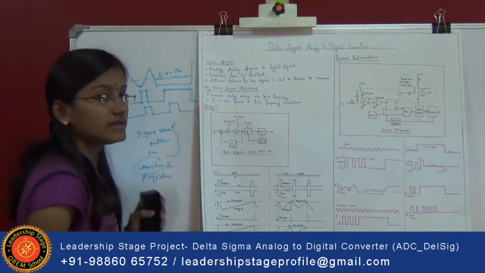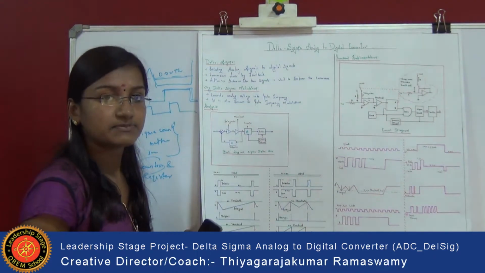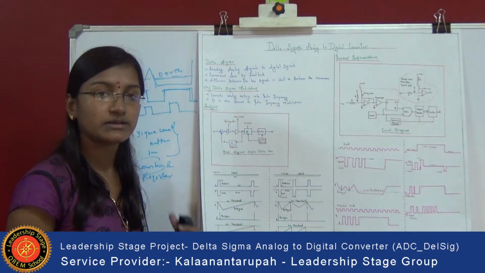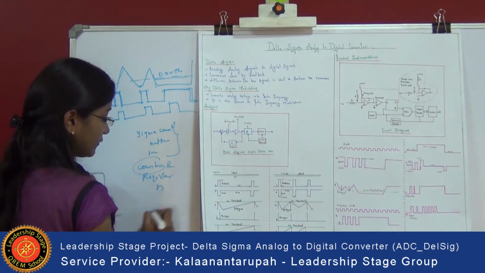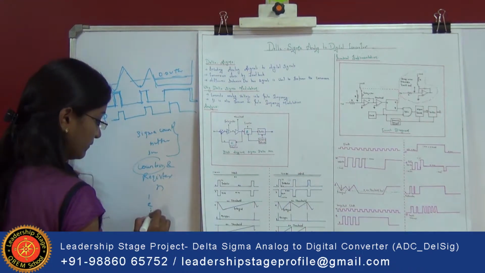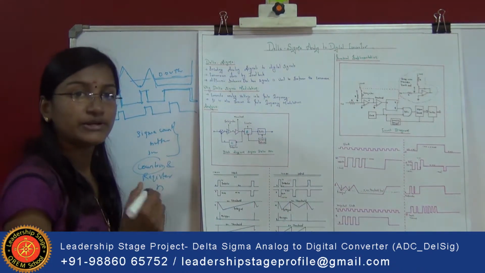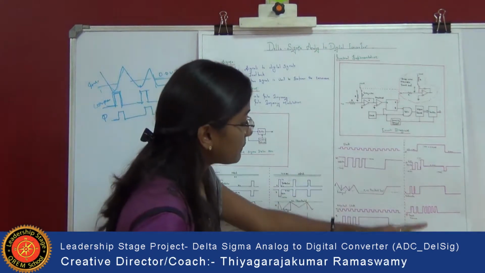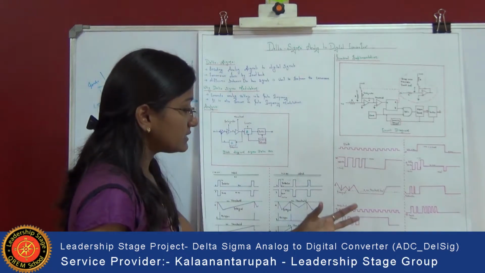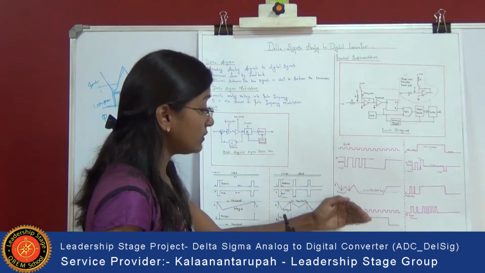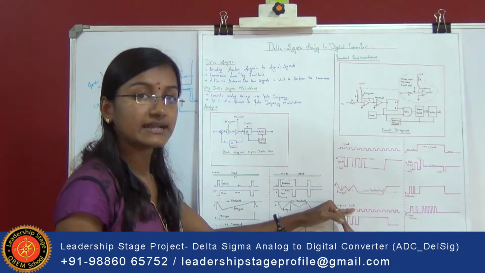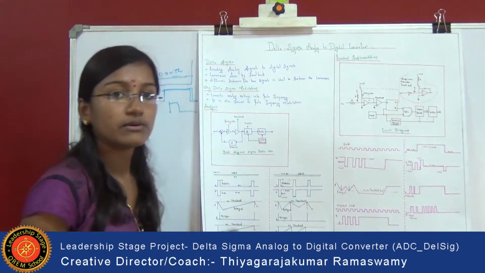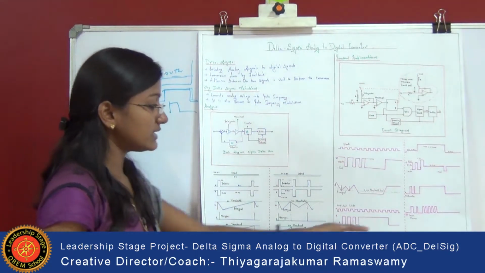A counter stores the number of events that take place, and a register is similar to a flip-flop. A flip-flop can store 1 bit of information, while a register can store n bits of information. So by using this we can produce the count stream, and using the count stream we are going to combine the negative clock cycle with this Q. One source of error can be eliminated by using this count stream.